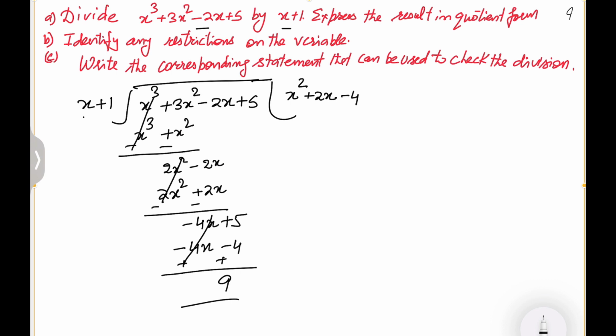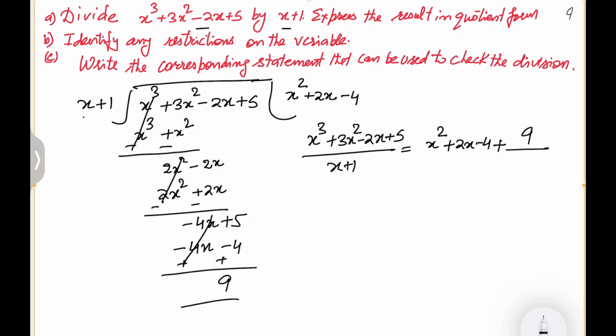So in quotient form the answer is: x cubed plus 3x squared minus 2x plus 5, when divided by x plus 1, gives x squared plus 2x minus 4 plus 9 divided by x plus 1. So this was the first answer, part A, and the second answer is part B, the restriction on the variable: the divisor cannot be 0, which implies x is not equal to minus 1.